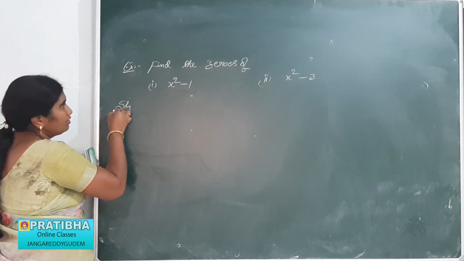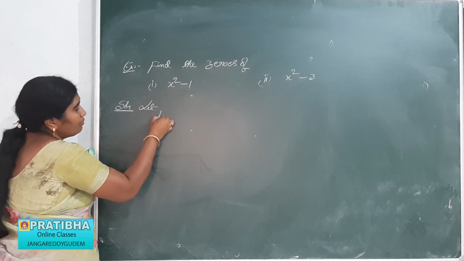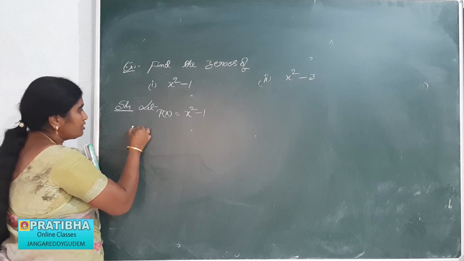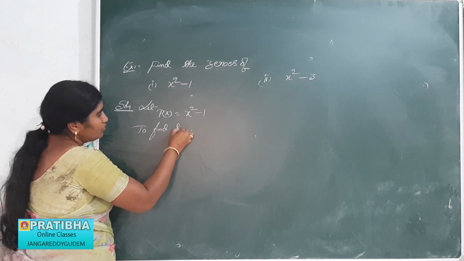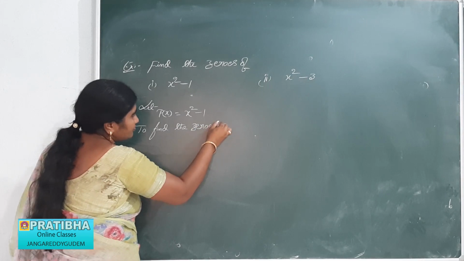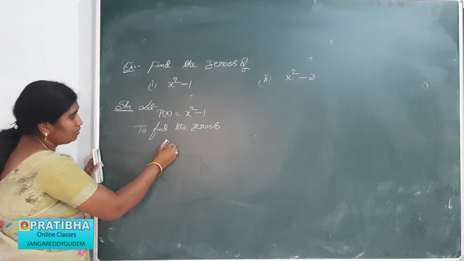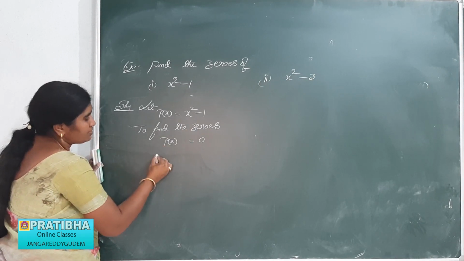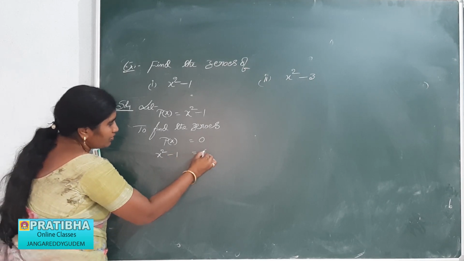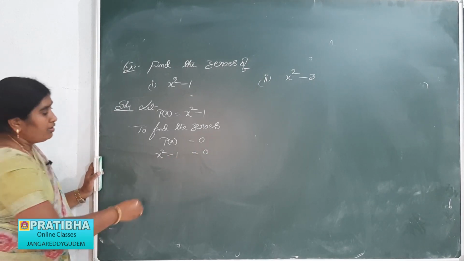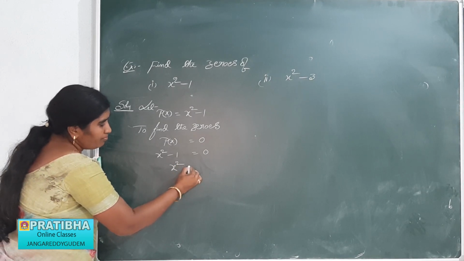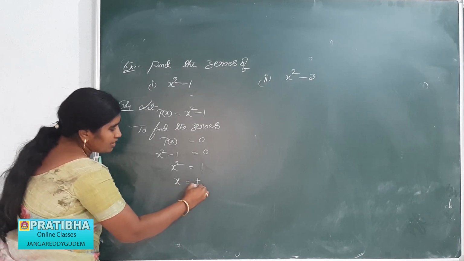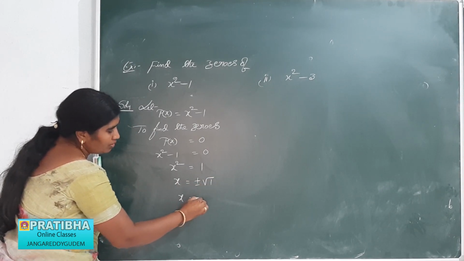Solution. Let p of x equal to x square minus 1. To find the zeros, set the given polynomial equal to 0, p of x equal to 0. x square minus 1 equal to 0, x square equal to 1, then x equal to plus or minus square root of 1, then x equal to plus or minus 1.